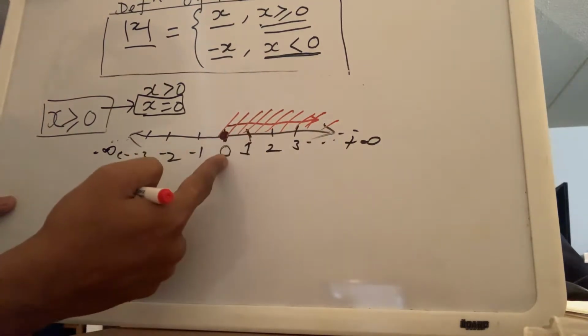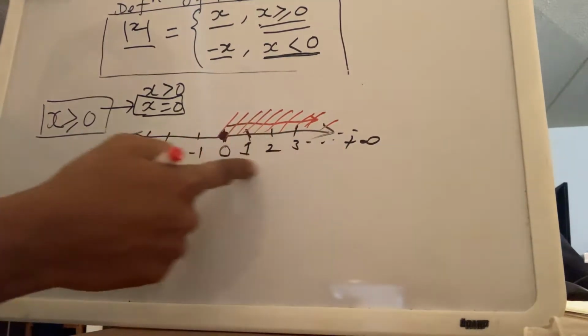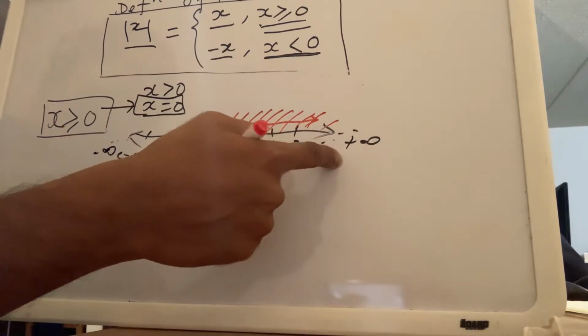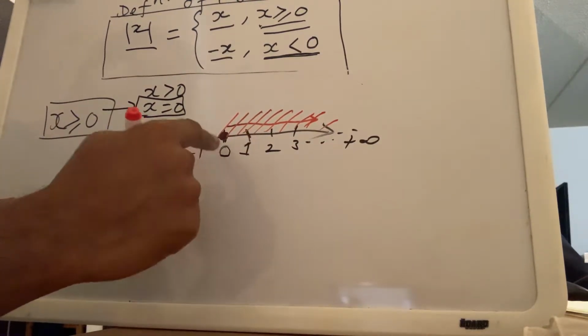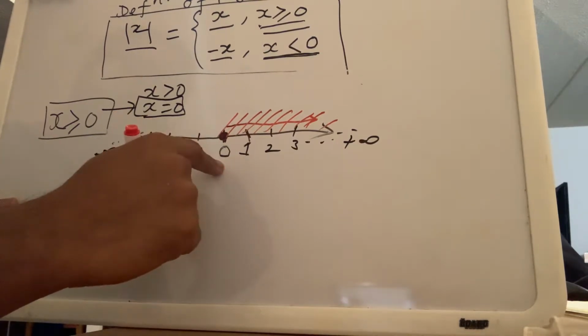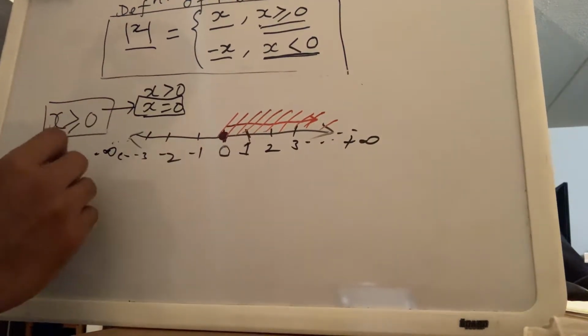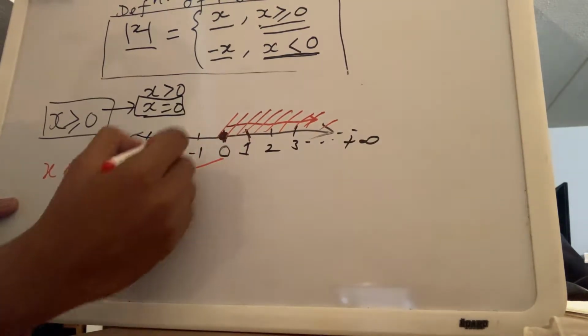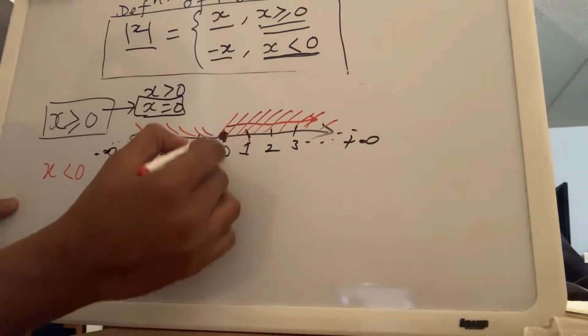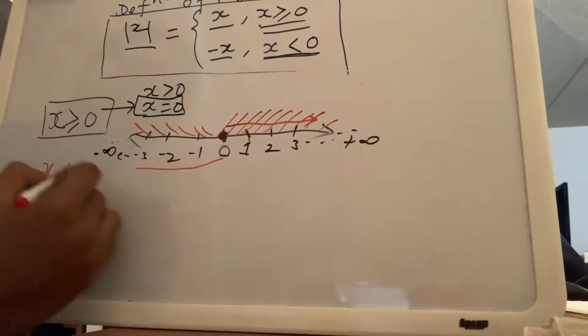So x greater than or equal to 0 is all the numbers lying towards the right of this origin, or you can call it 0, including this 0. And x less than 0 means this area, which does not include 0.